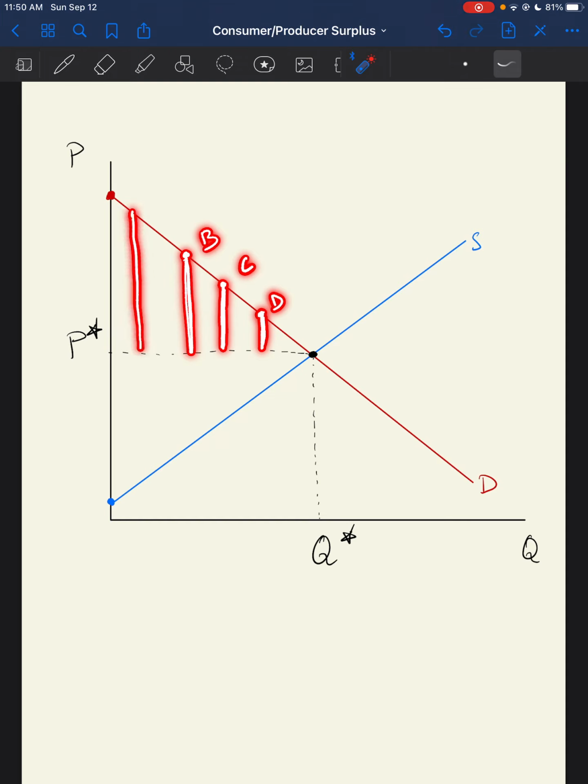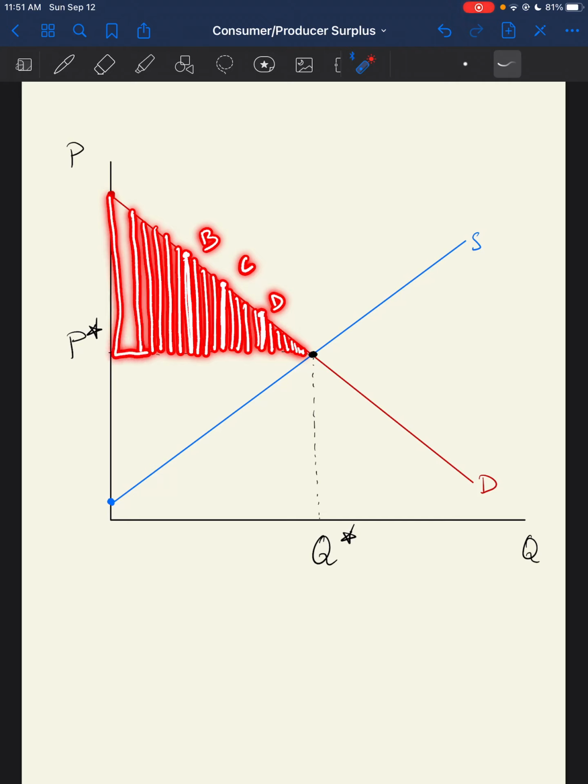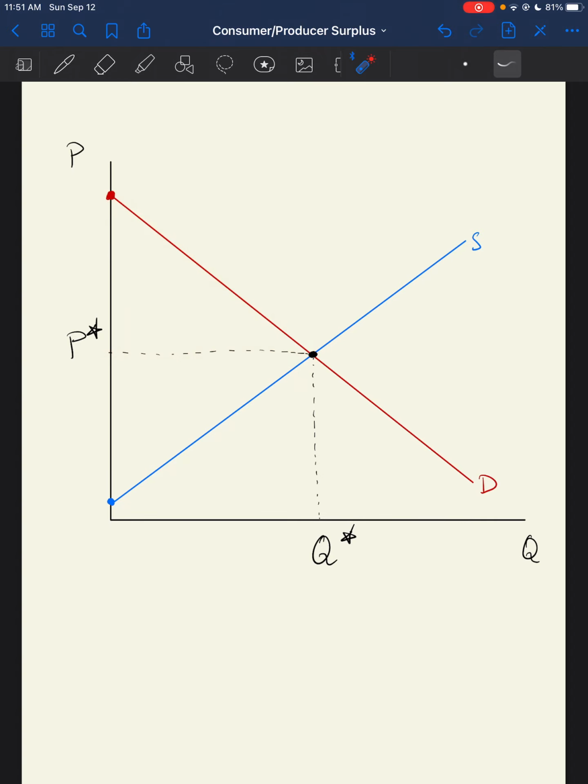So essentially what we're doing is we're taking all these strips of all of the consumers who are participating in some market transaction, right? We're taking that and we're essentially adding up all of their consumer surpluses, right? This essentially comes out to be the area of this triangle, right? This top triangle. Sorry, my tracing is not too good, but that triangle right here, what I'm highlighting in green.